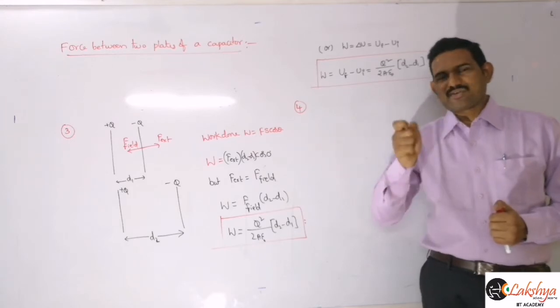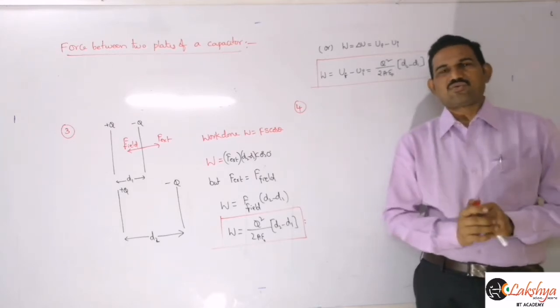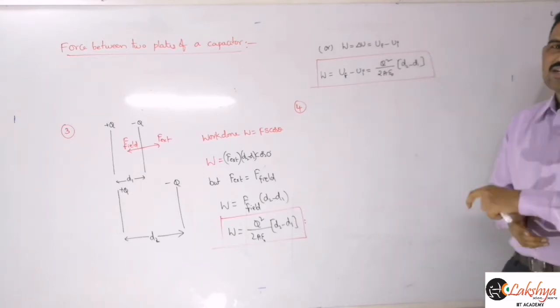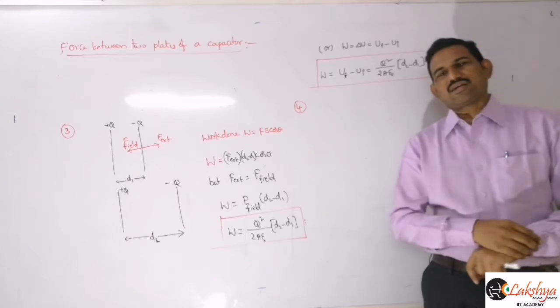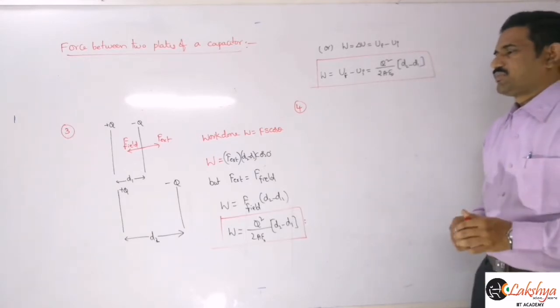Charge remains constant once the capacitor is isolated, that is, when it is disconnected from the circuit. The potential difference remains constant when it is still continuously connected to the cell.